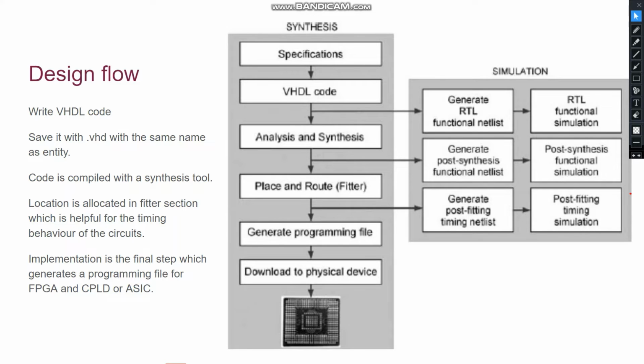Once you write the VHDL code, you will have to analyze it and synthesize it. When you perform this analysis and synthesis, you will have to generate a functional simulation and also generate an RTL functional netlist. When I say RTL functional netlist, that gives you the exact port mapping. It means where your hardware should be connected.